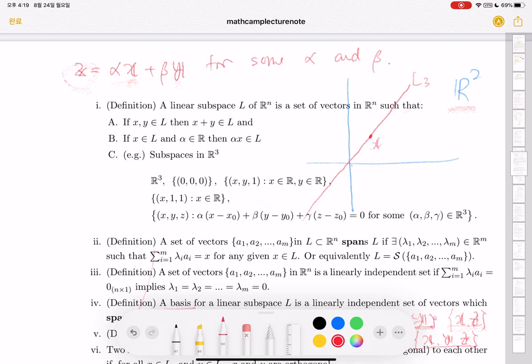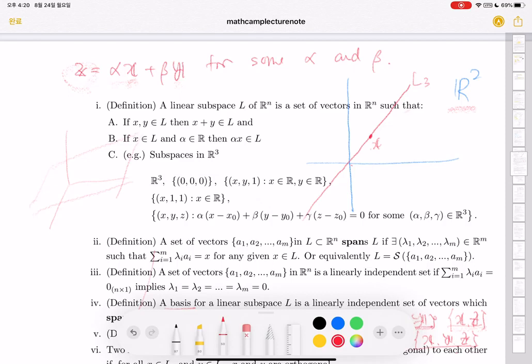So it's a one-dimensional linear space, two-dimensional linear space, three-dimensional linear space. Think about a plane in a three-dimensional Euclidean space. This is a Euclidean space, and this is a plane.